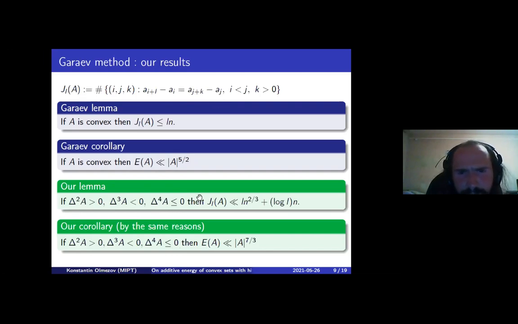And we have another improvement in the case where we also assume non-positivity of the fourth derivative.